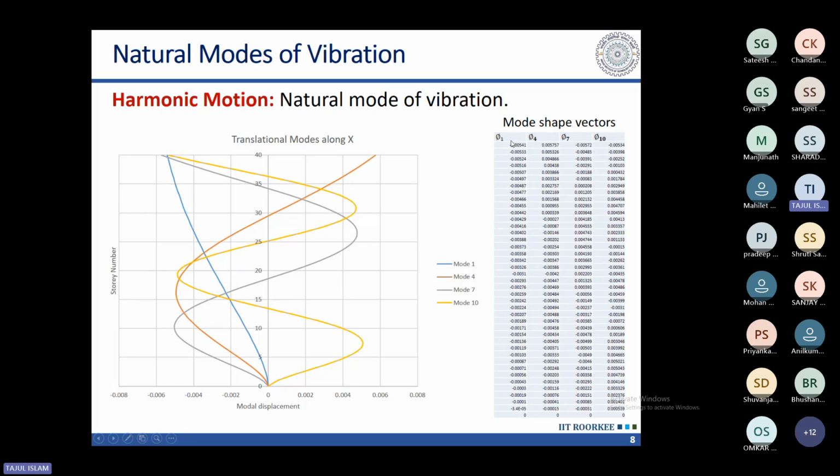You will not get in the software whatever I have shown here. It will be given in terms of displacement in mode shape. I have split this for first mode, second mode, third mode, fourth mode, like that. You will not get the same thing in the software. That you have to understand, and you can extract it if you want.